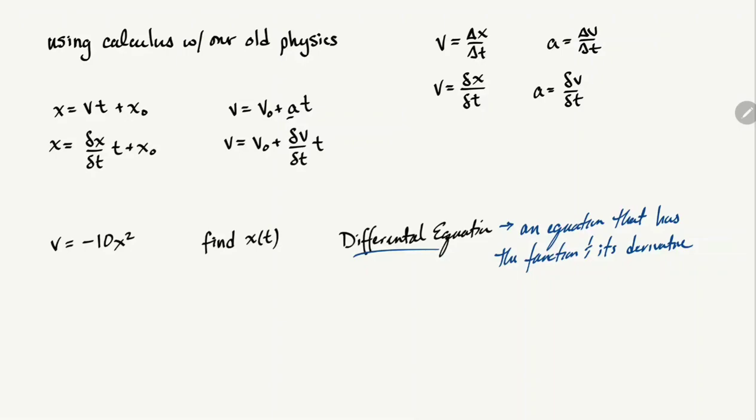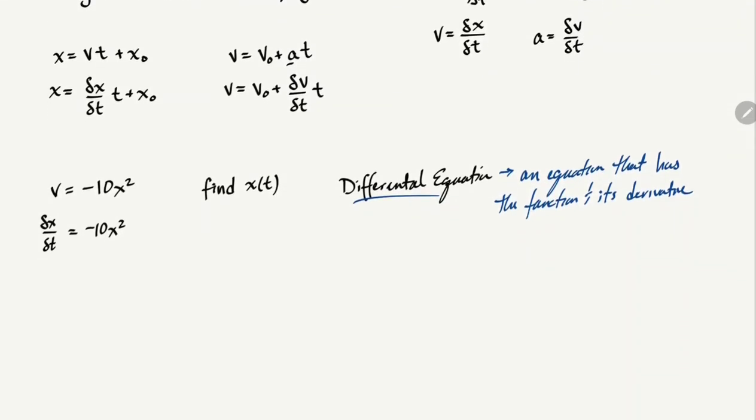So let's go about this using this understanding that we can replace ideas with the calculus terms of those. Instead of this v here, I'm going to put dx dt. And so now I've got negative 10x squared equals dx dt. I now need to rearrange this so that it works for me.